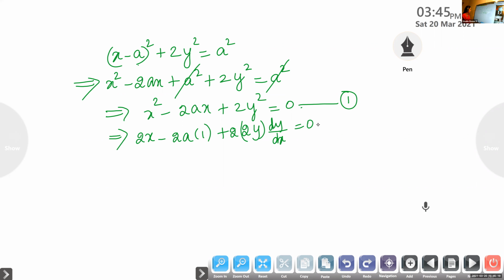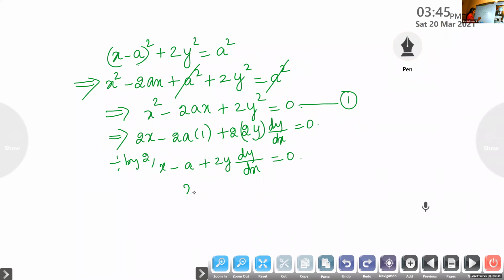Is it okay? We can divide throughout by 2. So when we divide throughout by 2, we'll get x minus a plus 2y dy by dx is 0.